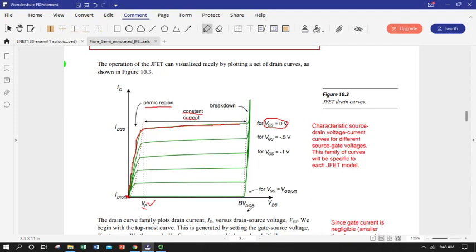But of course, there are limits to all things, and if we apply too much voltage between the drain and the source, the device will break down and will conduct a lot of current and probably melt the device. So this is known as breakdown voltage, drain to source, and that represents the upper end of our operating regime, drain to source. So don't go above this in your circuit, and that's another maximum to look for in your spec sheet.